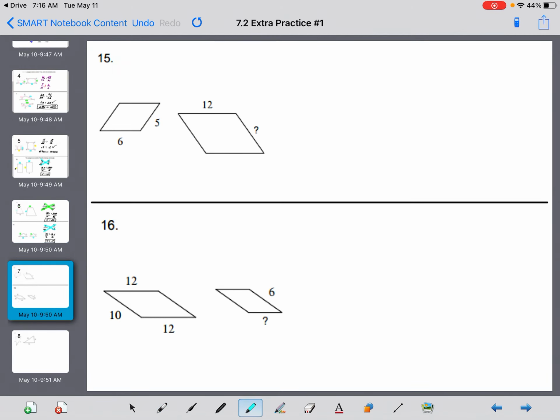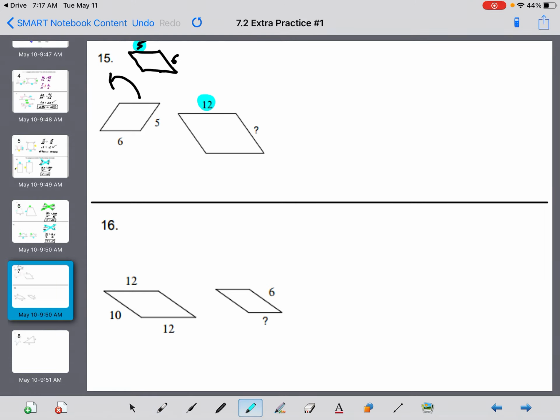Okay, notice they twisted this figure around a little bit. If we were to rotate this shape this way, okay, we would get a new rhombus. It would look like this, okay? And your 5 would be up top and your 6 would be on the side here if we rotated, right?